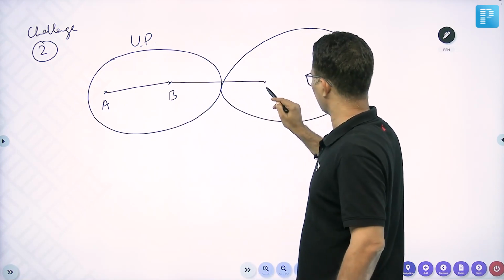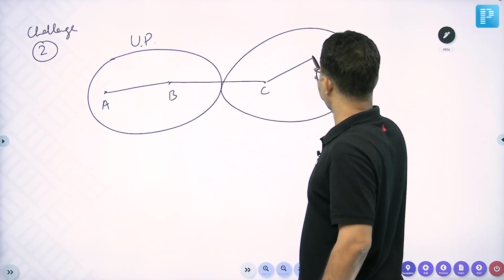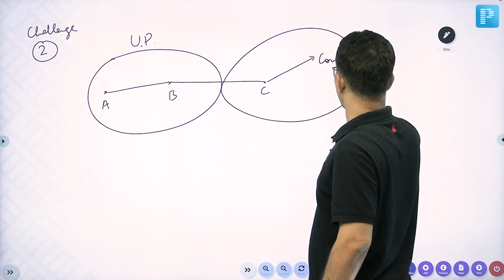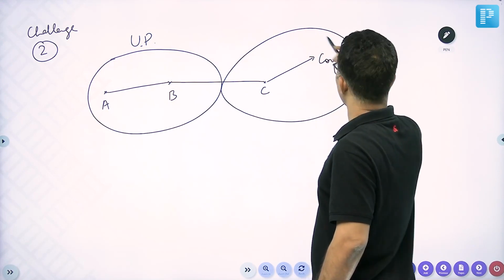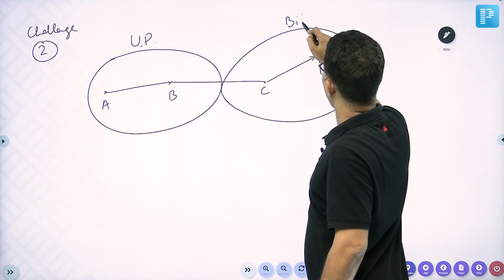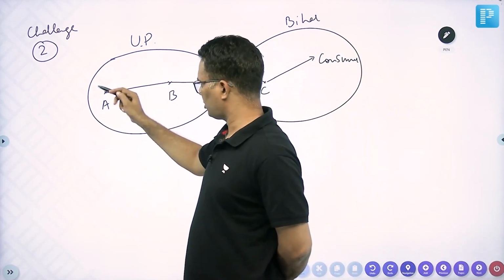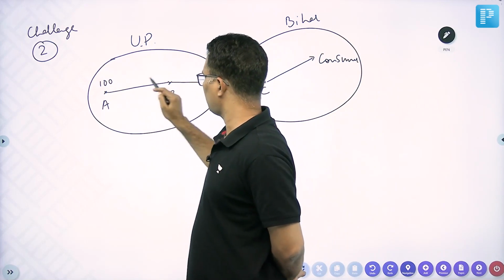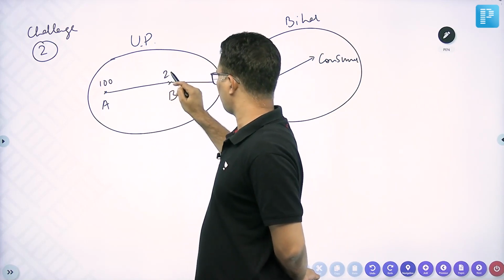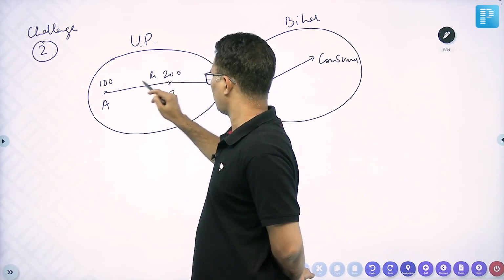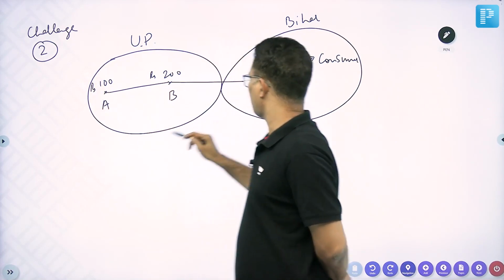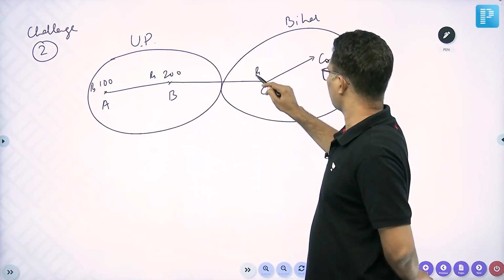B sold something to C, and C sold something to the consumer. This is Bihar. So let's assume that A did value addition of 100, B did value addition of 200, and C did value addition of some rupees.